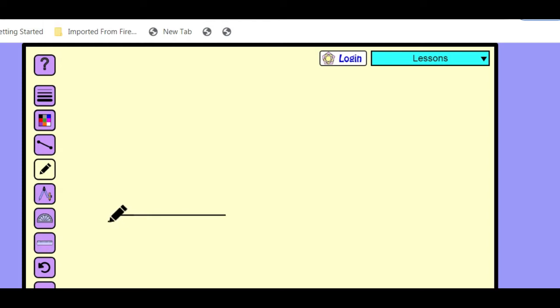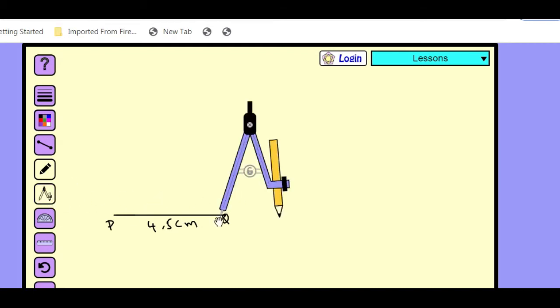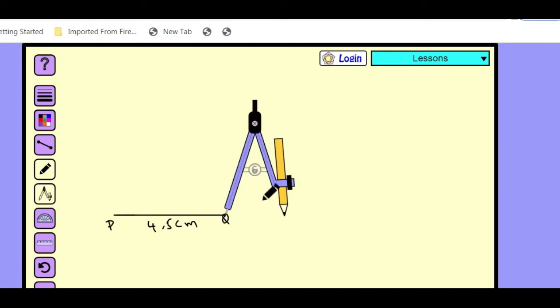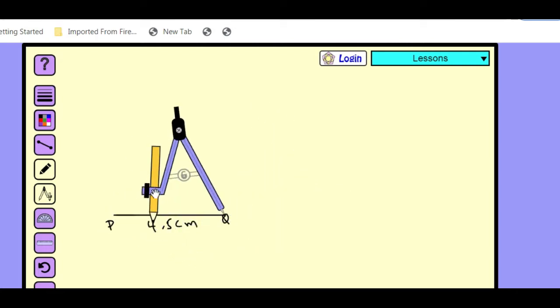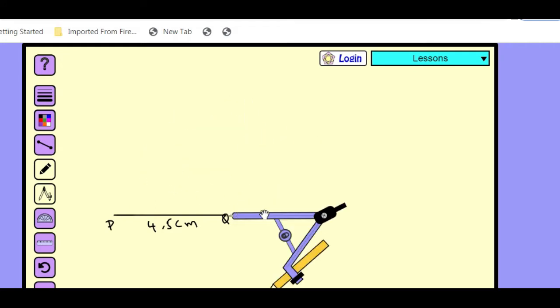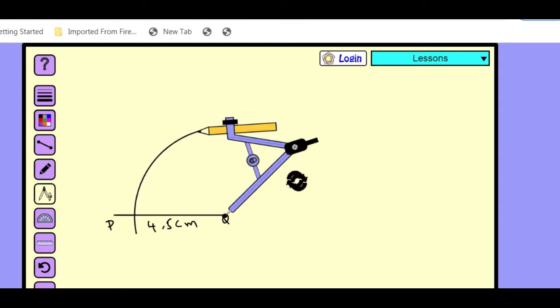Now you can mark and label P and Q with 4.5 centimeters. And we need to construct the angle Q, 120 degrees. So take the compass, and with center Q and a compass radius more than half of the length of PQ, draw an arc here.